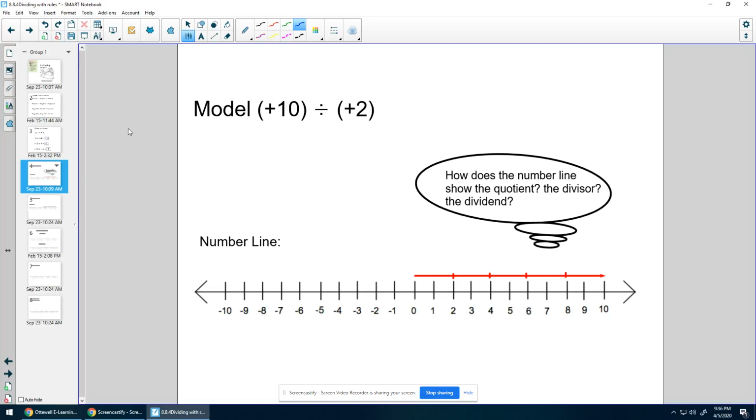Okay, now we're going to do some modeling using a number line to show what we know. So we have 10 divided by 2. Looking at this number line here, it's all done for us. How does the number line show the quotient, the divisor, and the dividend? So here we need to think back to our terminology that we learned last lesson. Our 10 in this case is our dividend.